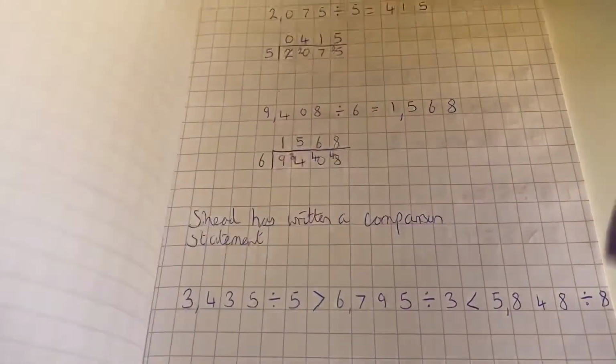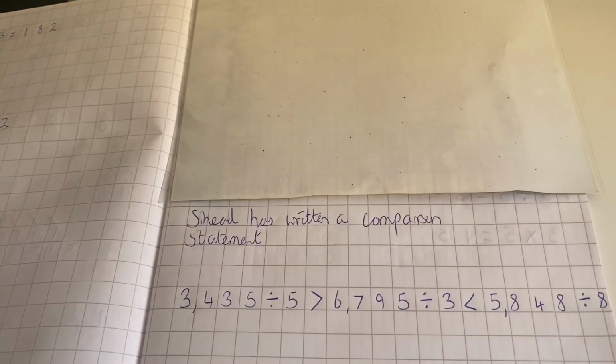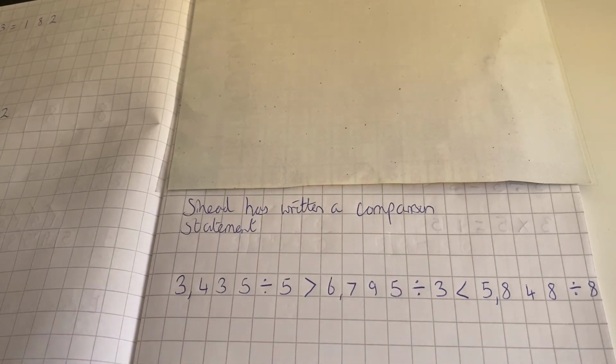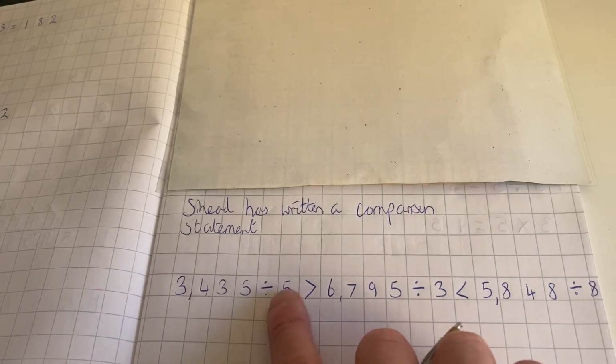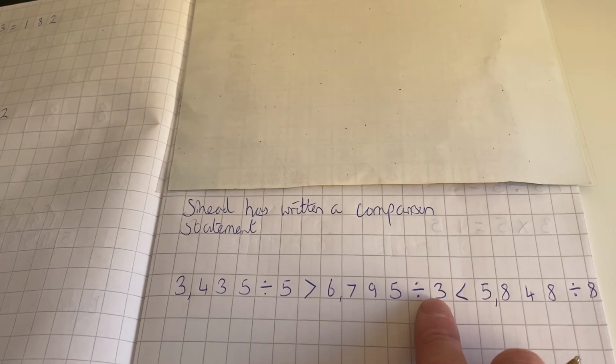We're going to do the next question. So this one is quite a long-winded question, but it's going to help you practice and get better at using a short written method for division. So it says here, Sinead has written a comparison statement. So we've got 3,435 divided by 5 is greater than 6,795 divided by 3.